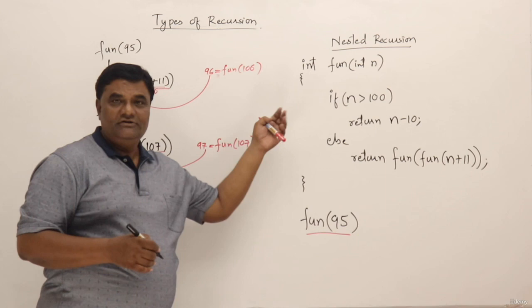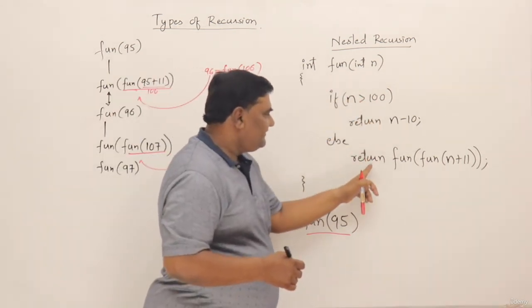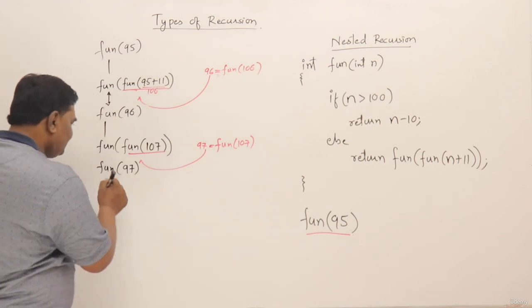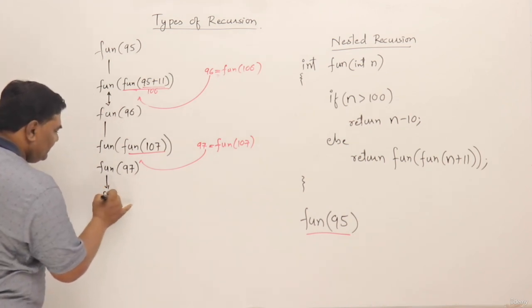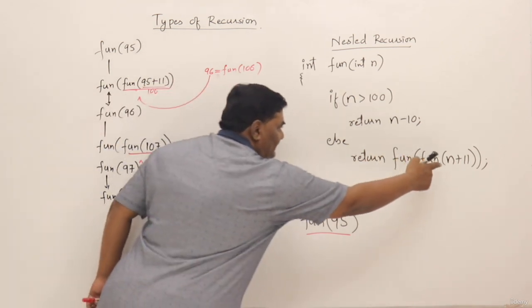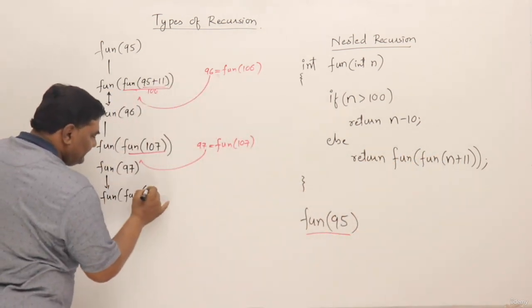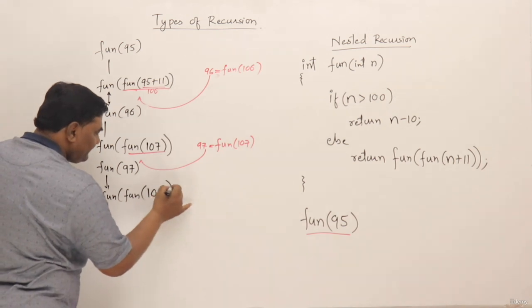Now let us solve this fun of 97. 97 is not greater than 100, so it will enter into the else part and it will make the function call, that is fun of n plus 11, that is 97 plus 11, so this becomes 108.